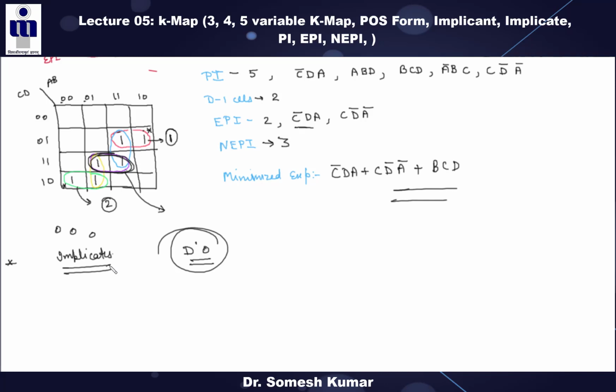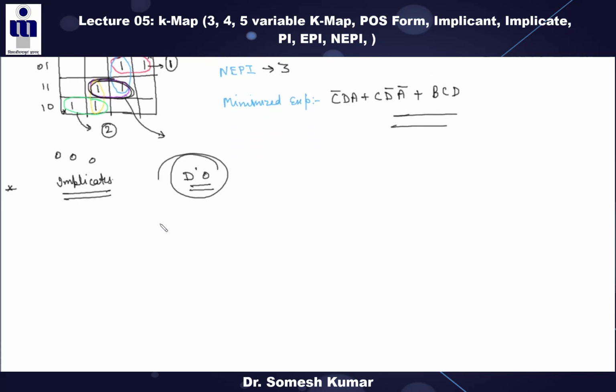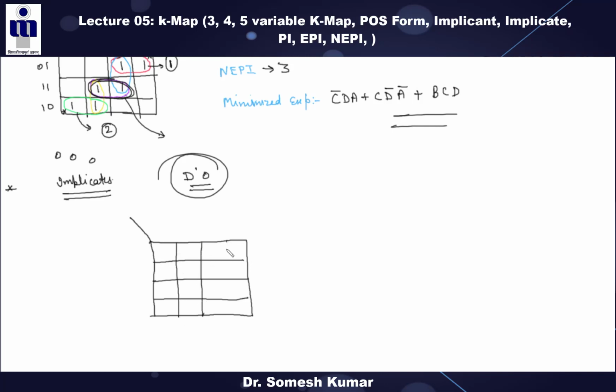Clear? So directly I am giving you one example because we only have 5 more minutes. From this example it should be clear what your implicates and the implicants are. These are your zeros.